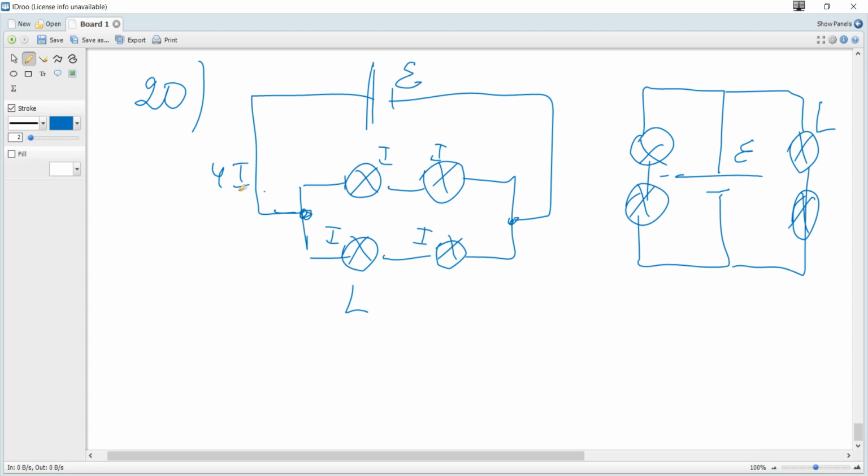So initially its current is 4I, and actually these two circuits are identical, because you can move this branch to this side and it will be absolutely the same. So it's the same, it's I, so it's C.